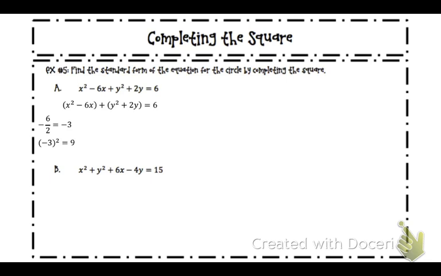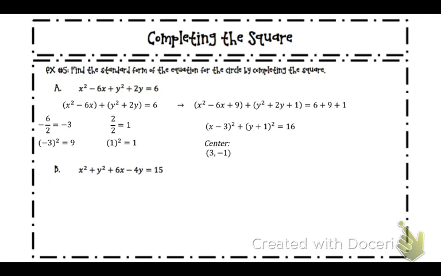So that's why I'm going to add 9 to both sides there. I'm going to also do it with my y's, though. So I'm going to have 2 divided by 2 is 1. Square that, you get 1. That's why I'm going to add 1 to both sides. So I'm going to have x squared minus 6x plus 9 plus y squared plus 2y plus 1 equals 6 plus 9 plus 1, which becomes x minus 3 squared plus y plus 1 squared, and that equals 16.